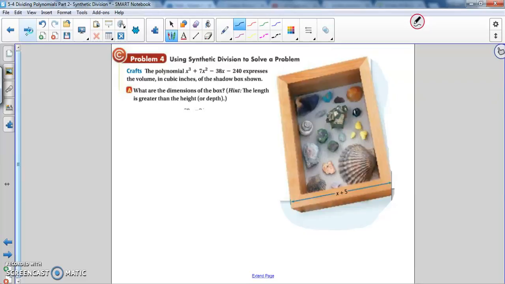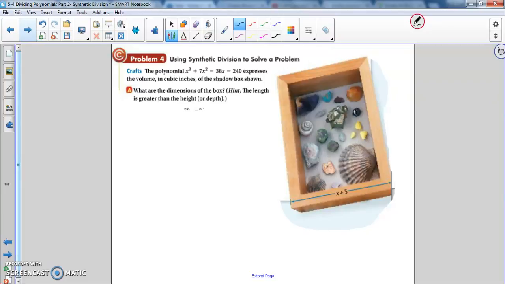We are going to use synthetic division to solve a problem. The polynomial x cubed plus 7x squared minus 38x minus 240 expresses the volume in cubic inches of the shadow box shown. What are the dimensions of the box? Hint: the length is greater than the height or depth.